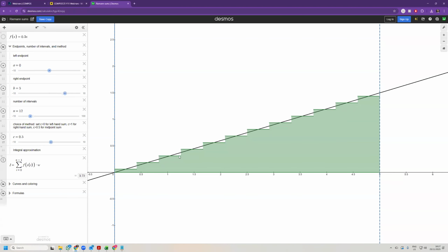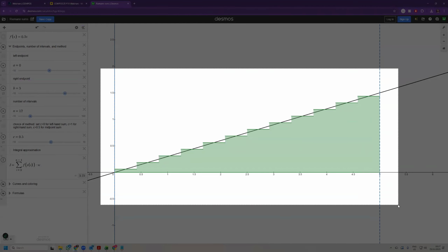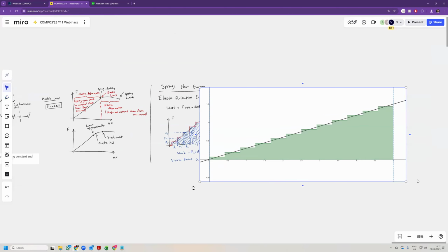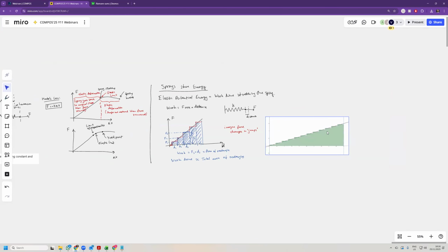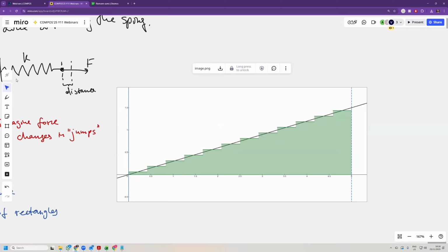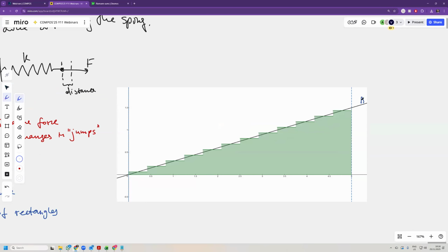Okay, so here's a graph, and you can see that the green area is approximately equal to the area under the curve. So once again, the black line is the actual force. And this is the force, and this is the extension. But instead of thinking of the force like that, we assume that the force just goes in jumps.